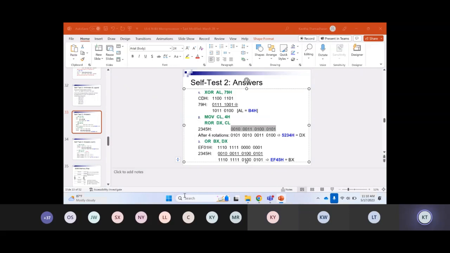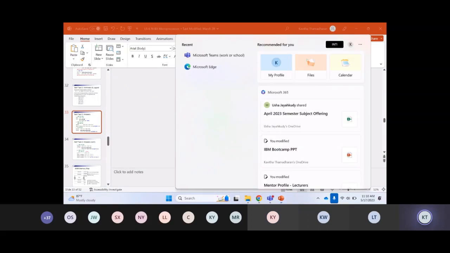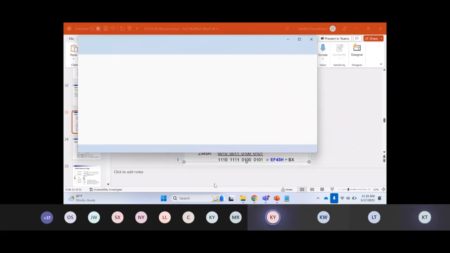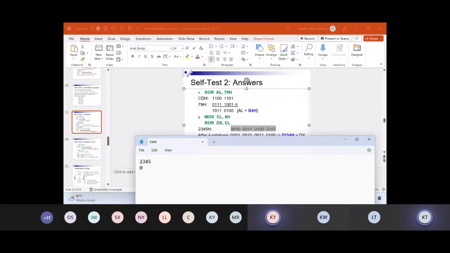Now, let's say I ask you to rotate. So 2345 in binary will be 0010 0011 0100 0101.